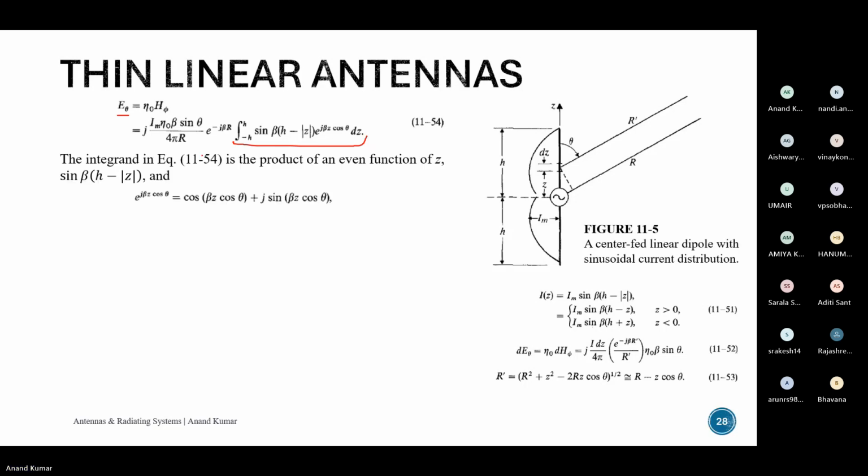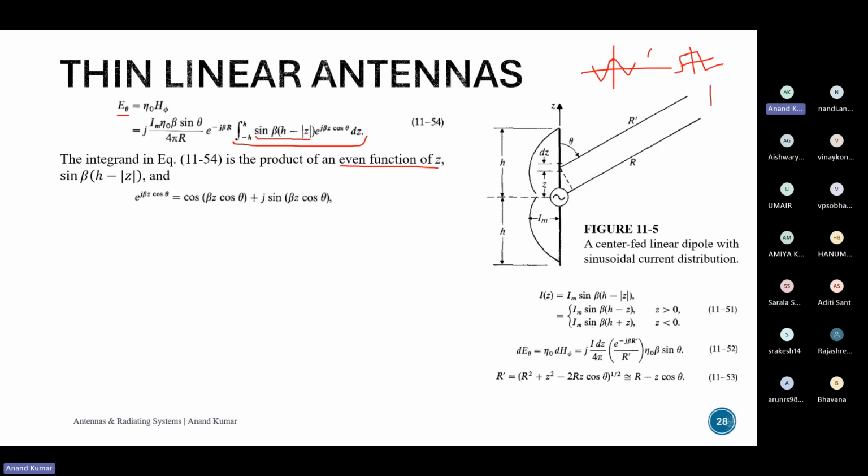Now the integrand here is a product of an even function of z. This particular term, sine beta h minus z, is an even function. An even function is something which is symmetric about the y-axis. It could be a function looking like this, or something which looks like this.